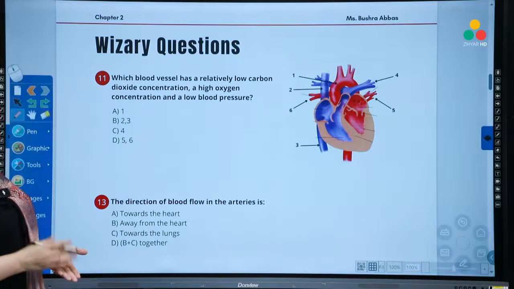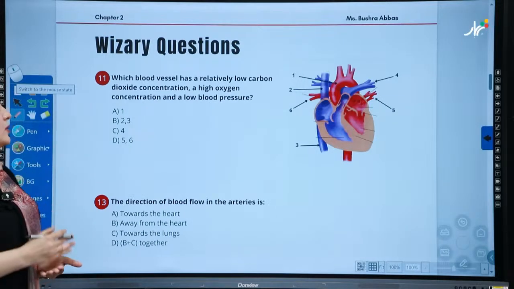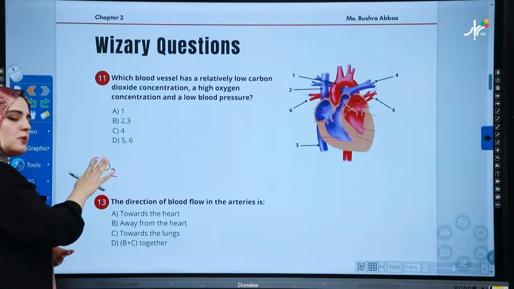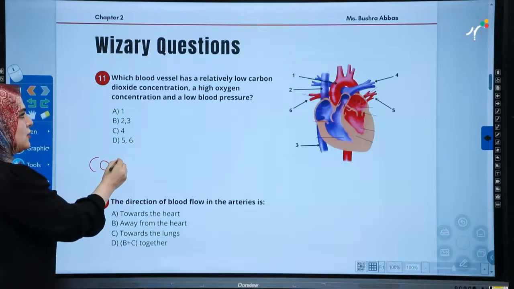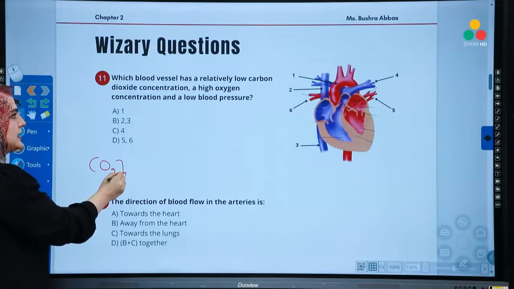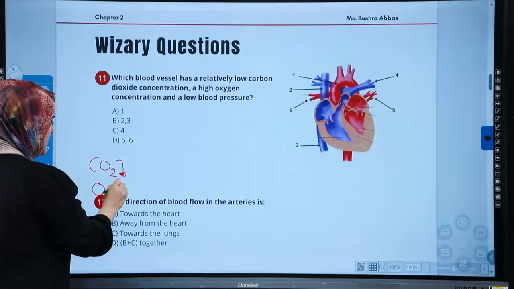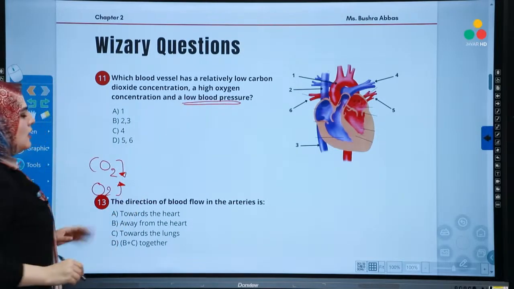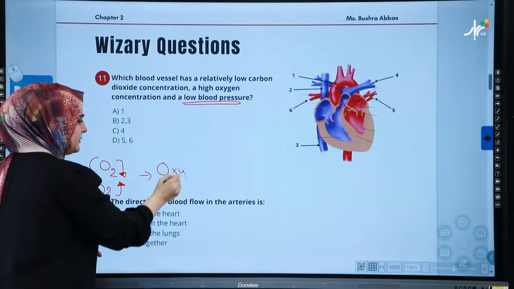It says, which blood vessel has a relatively low carbon dioxide? I'm going to make a diagram for myself. It always helps me to shorten and make my own notes. So, low carbon dioxide, high oxygen, O2 high, and then low blood pressure. Having these two means we have oxygenated blood.